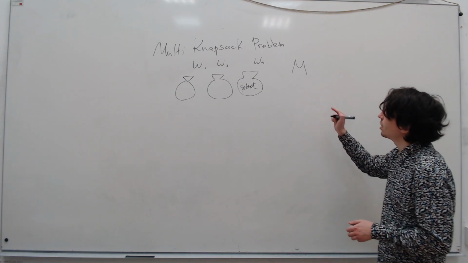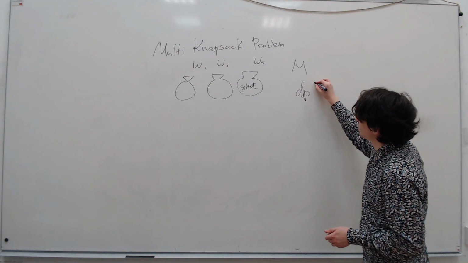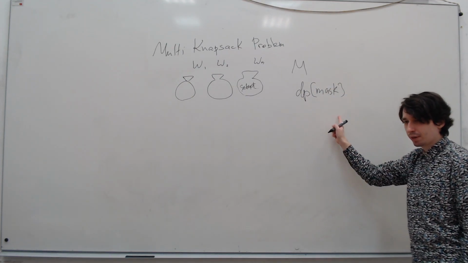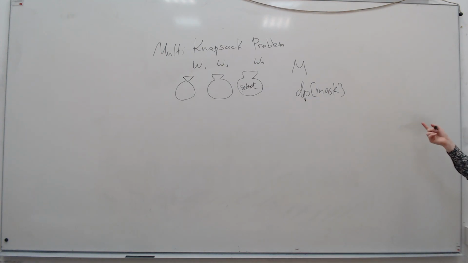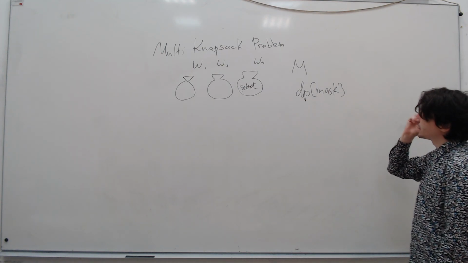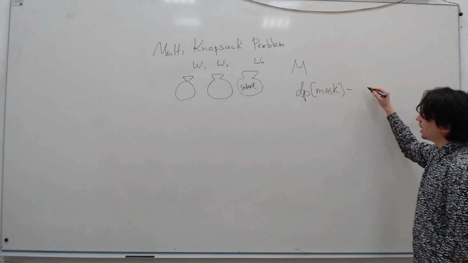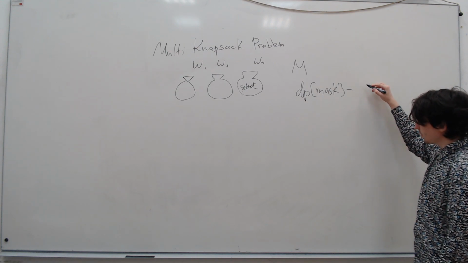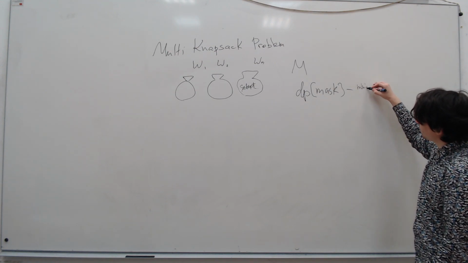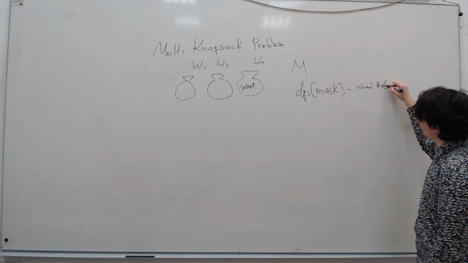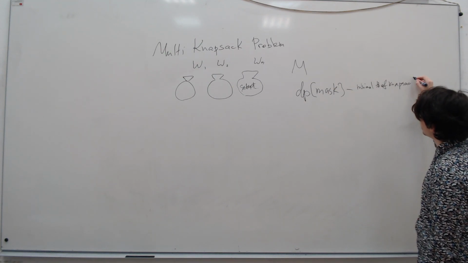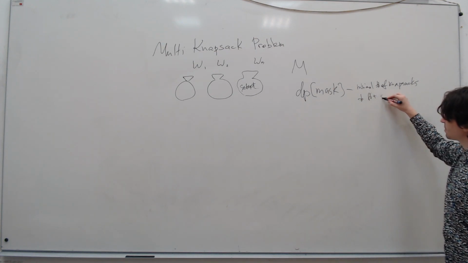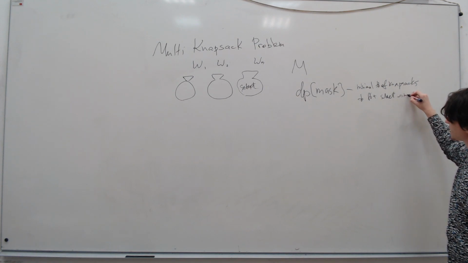So our dp will be the following: dp mask. This is exactly the elements that we took and we didn't take. So dp mask is the minimal number of knapsacks to fit subset mask.